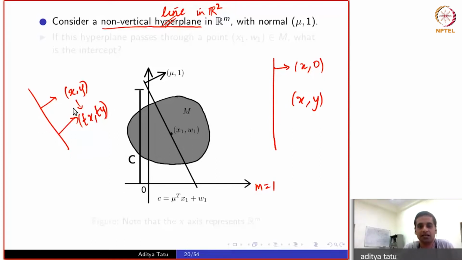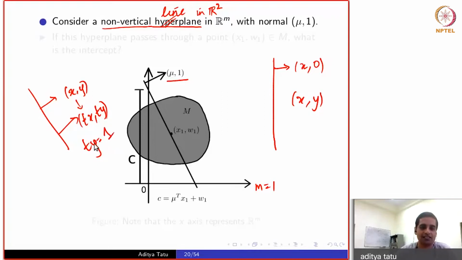It may not remain a unit vector, that's fine, but it is still going to remain normal to the same plane or line. Agreed? So by choosing an appropriate t, for any non-vertical hyperplane I can write the normal as mu comma 1, by finding t such that t·y equals 1.